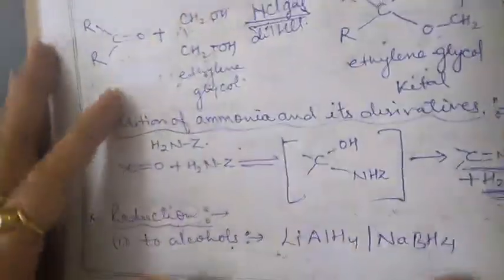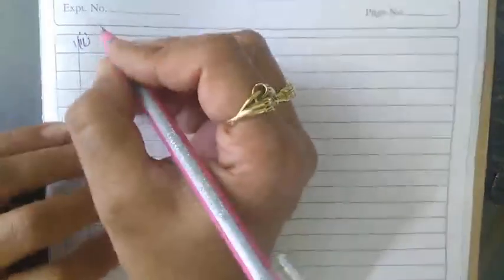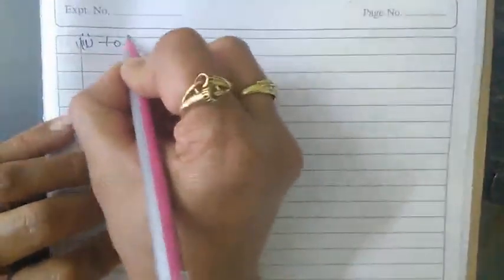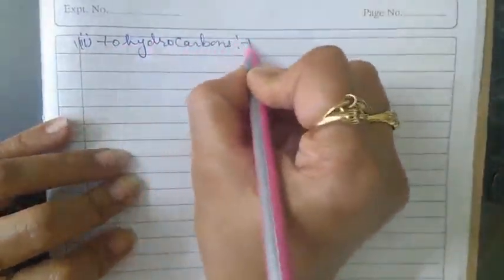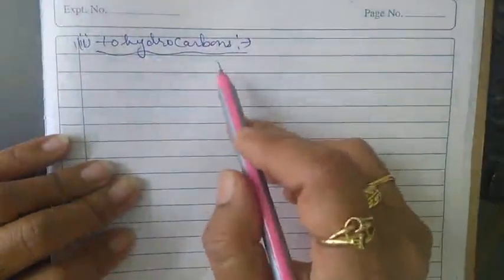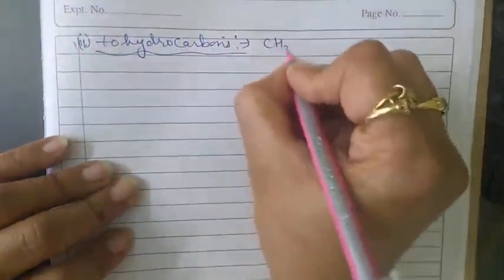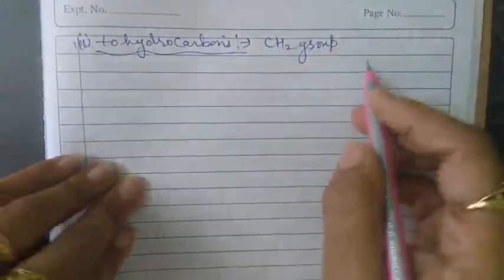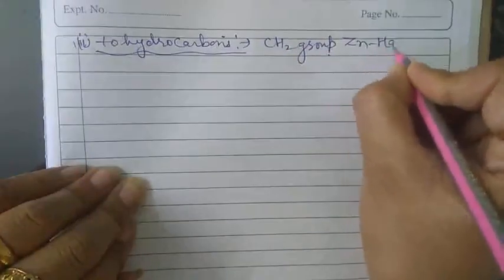Now the next point of the reduction is reduction to hydrocarbons. The carbonyl group of aldehyde and ketone is reduced to a CH2 group on treatment with ZnHg.